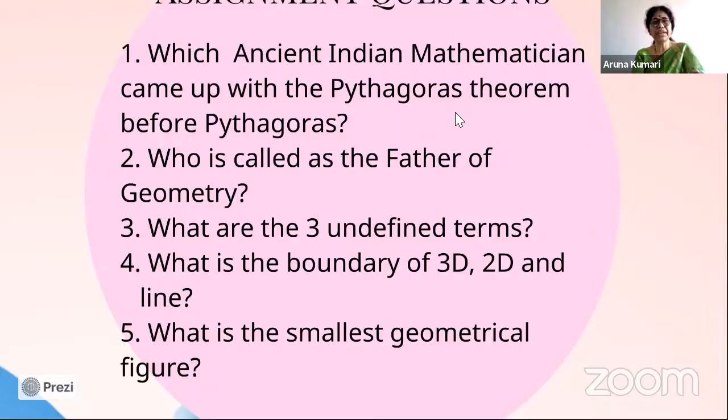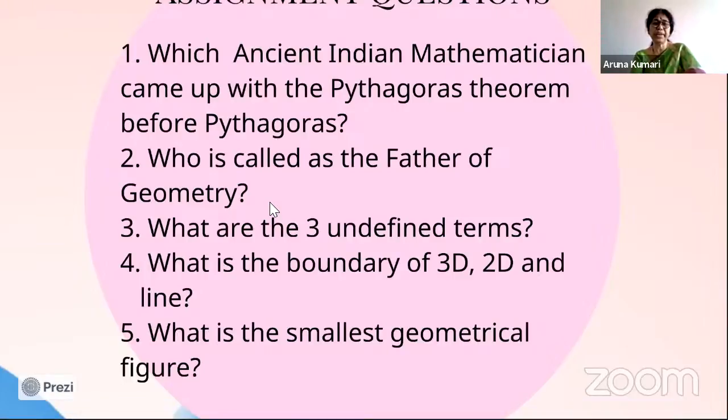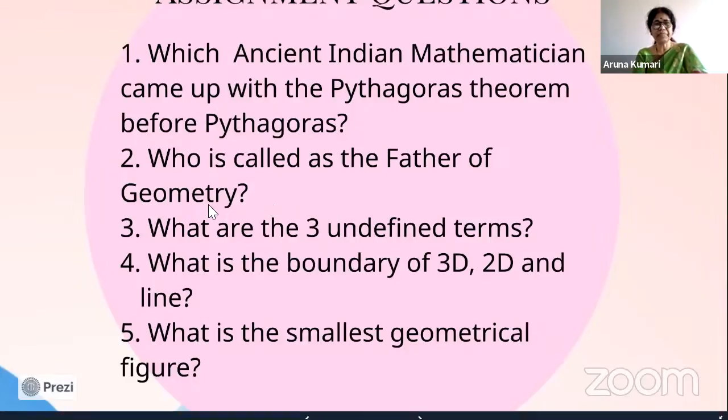Will you remember, students? It is Baudhayana. Next, who is called the father of geometry? You must know it. So many times we have said who is called the father of geometry. It's nothing but Euclid. Okay, students?